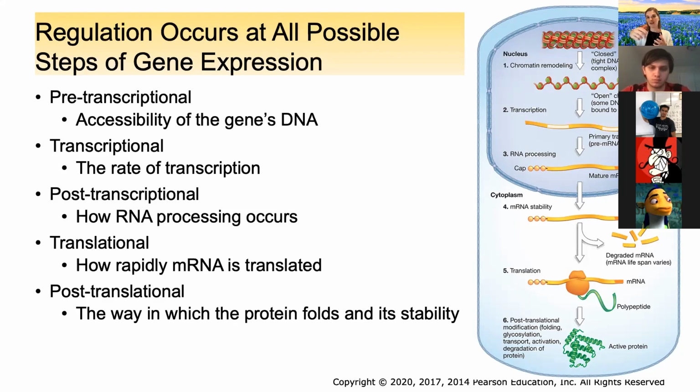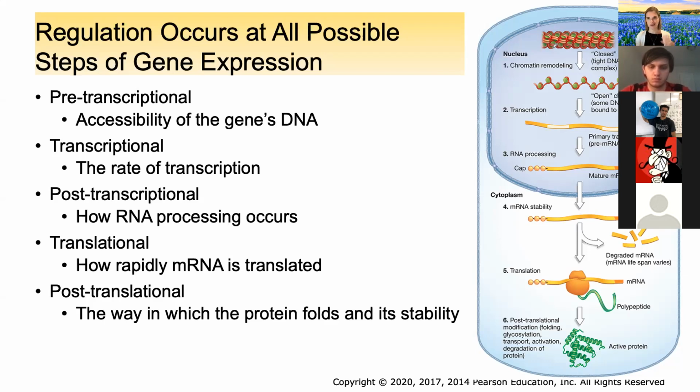Depending on how that DNA has bent and folded over those histone proteins, it's going to give parts of that DNA more or less accessibility to being transcribed. So that's even before we can transcribe anything. How fast the rate of transcription actually occurs can also impact whether or how often a gene is expressed.